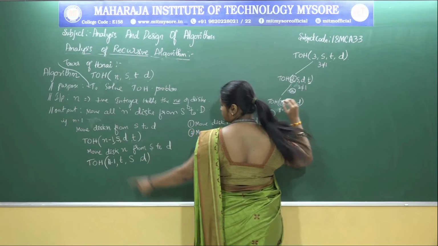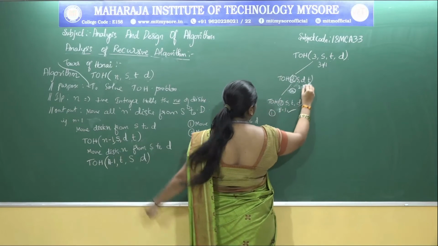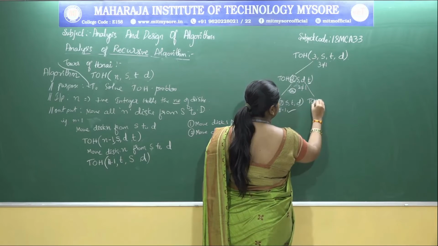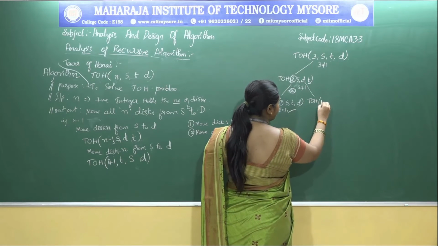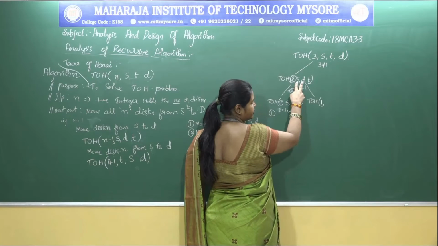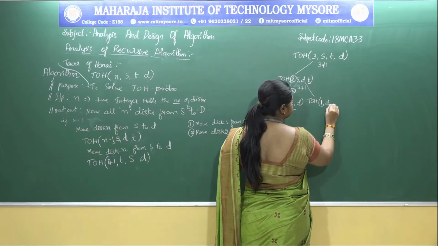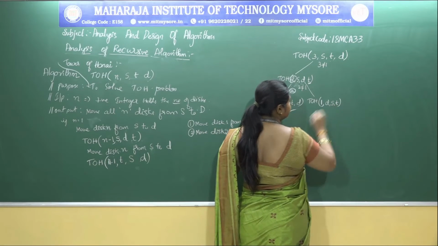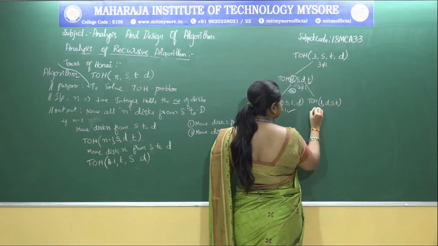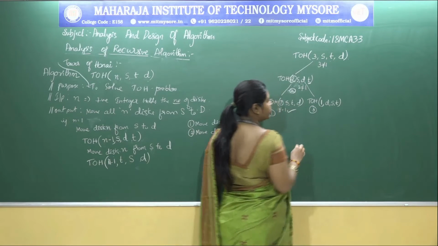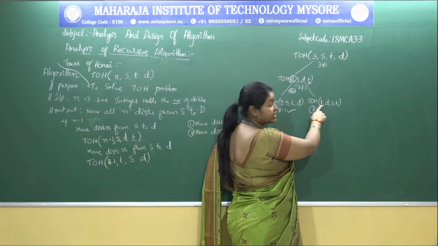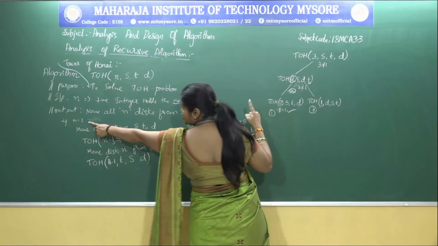Next, after this move, we have the right call. So we need to call the right function, that is TOH of n minus 1, meaning 1, comma. Now these two get interchanged, right? So that is destination and S and T. Now we need to move the disk. This is the third move, right? Why? Because here n will become 1, so this condition is true.